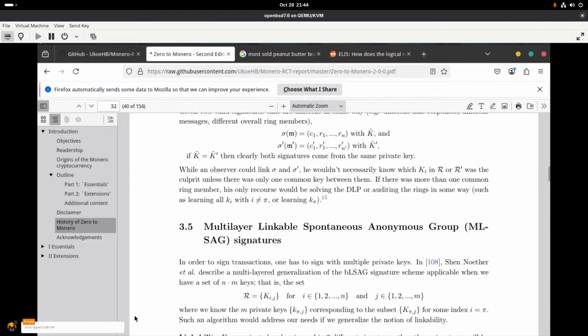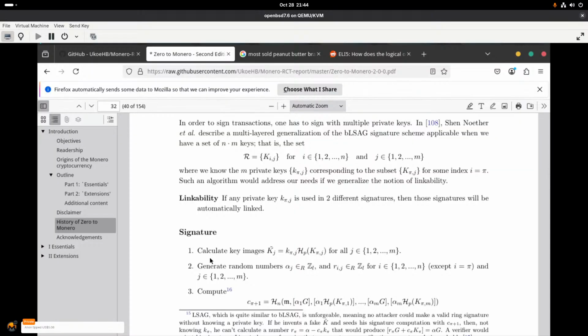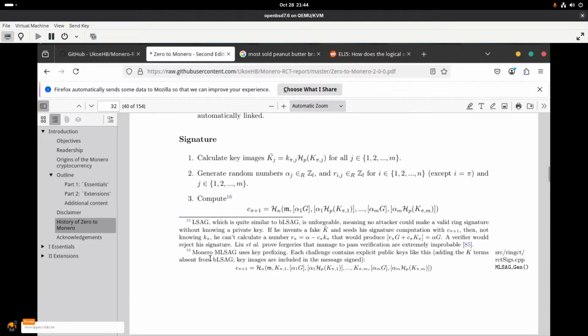LSAG, which is quite similar to BLSAG, is unforgeable, meaning that no attacker could make a valid ring signature without knowing the private key.